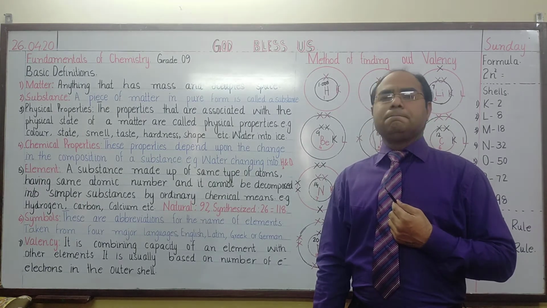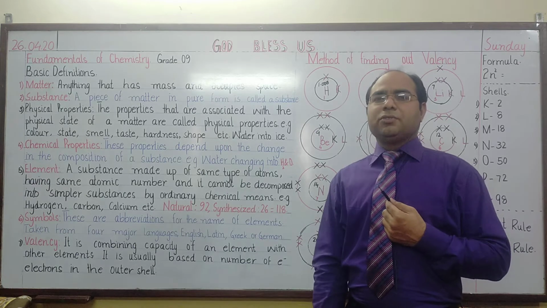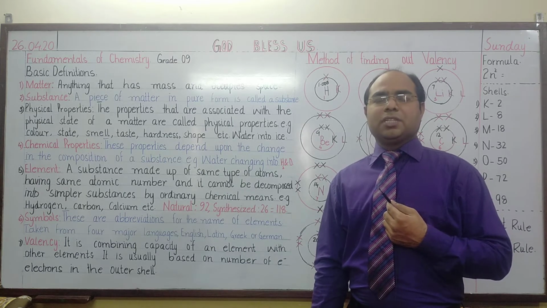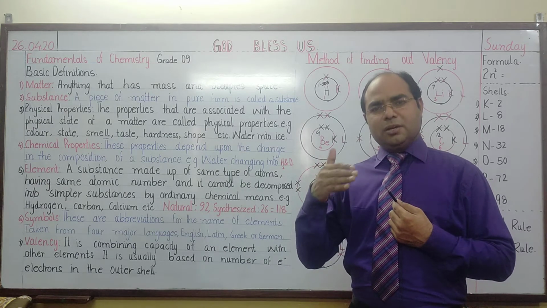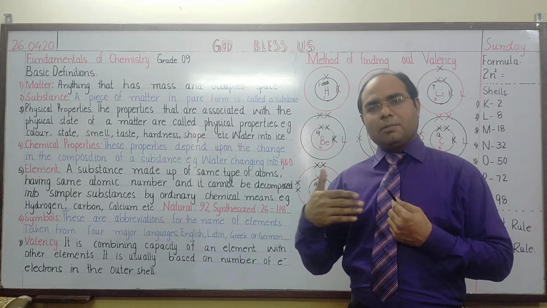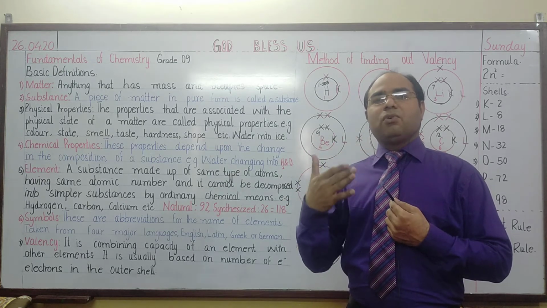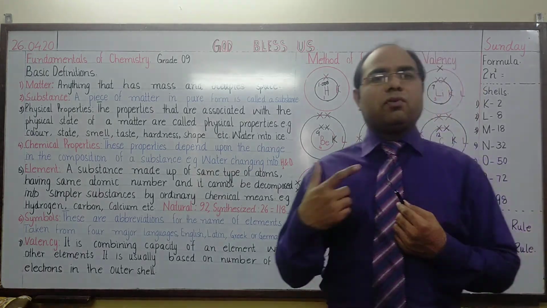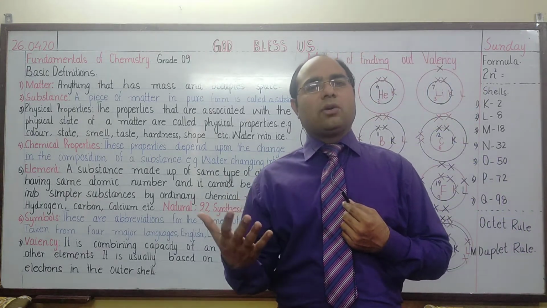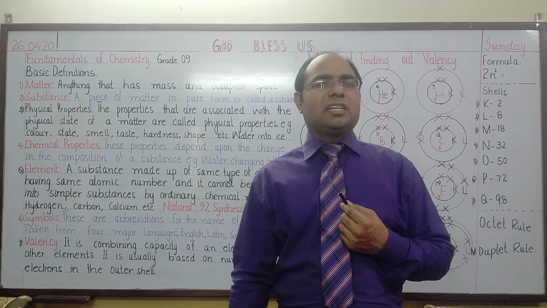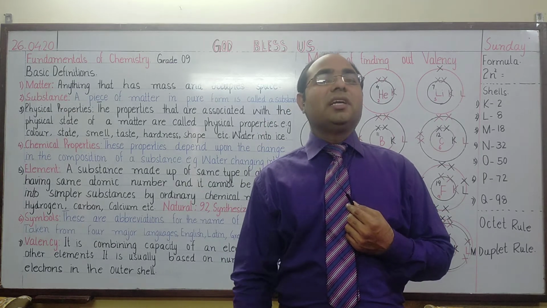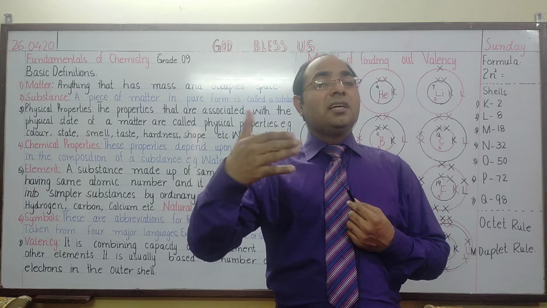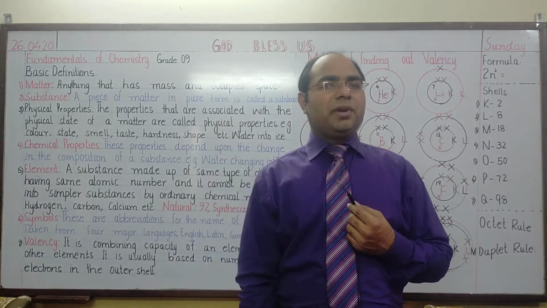The first 20 that we have just learned are hydrogen, helium, lithium, beryllium, boron, carbon, nitrogen, oxygen, fluorine, neon, sodium, magnesium, aluminium, silicon, phosphorus, sulfur, chlorine, argon 18, potassium 19, and calcium 20. Out of those 20, I'm going to explain the first 12 here.